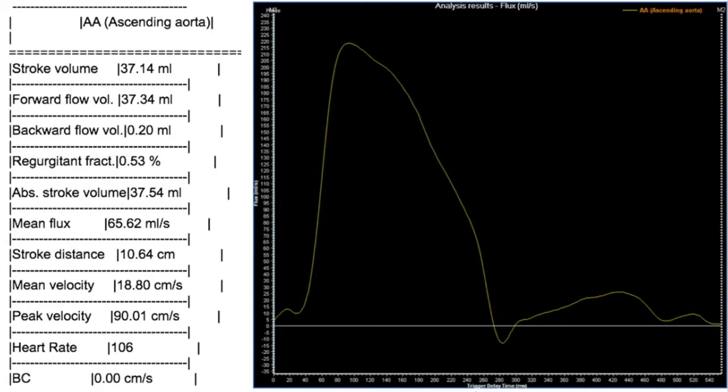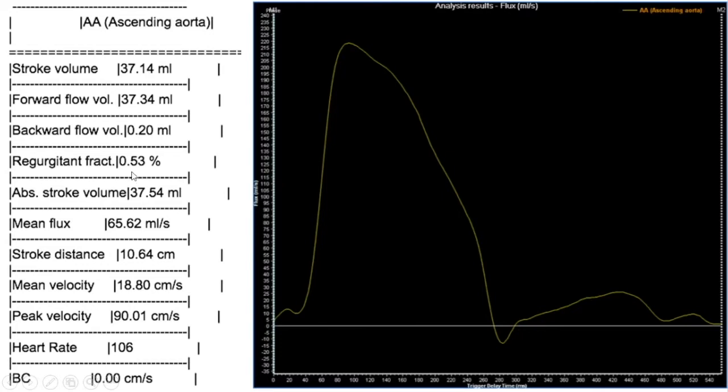This is a graphical representation of the analysis of a phase contrast sequence obtained at the level of the ascending aorta. You can see that the forward flow is 37.3 ml with a backward flow of 0.2, which is represented in this graph, which shows the forward flow with the slight backward flow, effectively giving a stroke volume of 37.1.